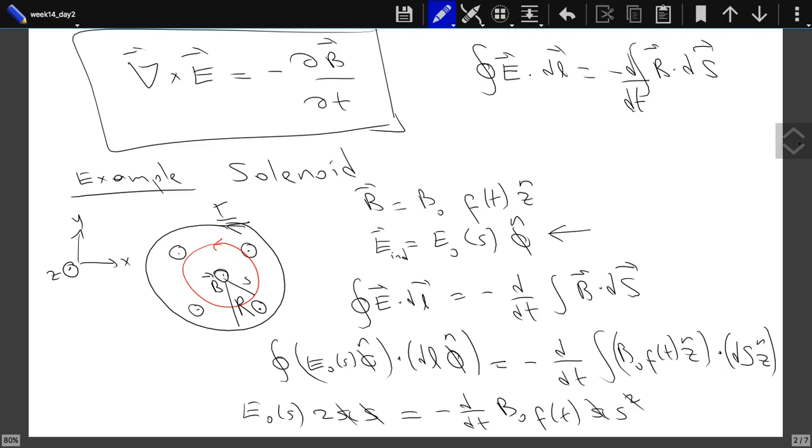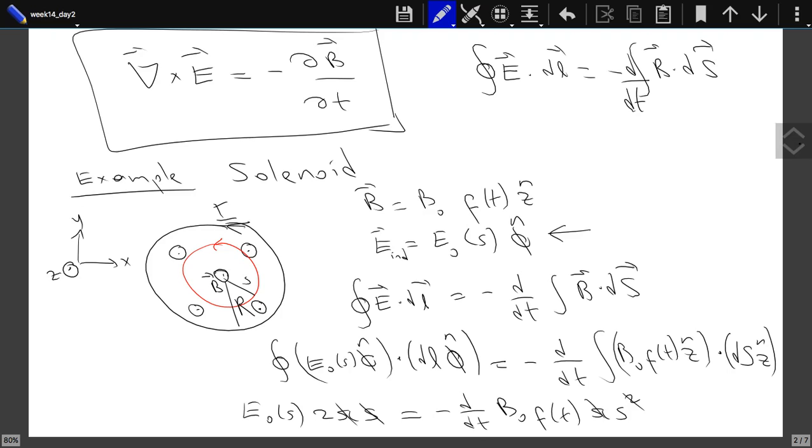So B0 is positive and f of t is increasing at a given instant. Well, that means that the flux is, first of all, positive, because its direction is in the positive direction of z. Secondly, its magnitude is increasing, because flux will be proportional to B0 times f of t. So the flux is increasing, which creates my induced current.